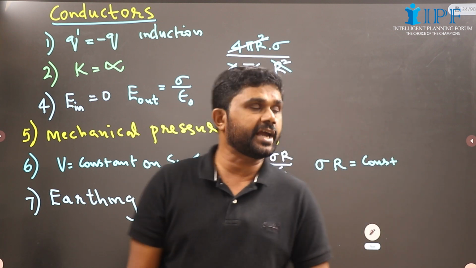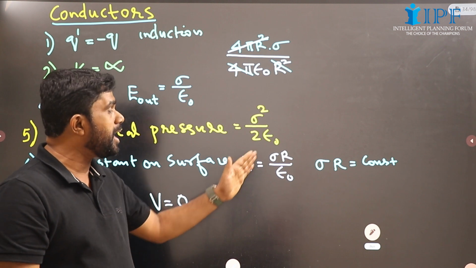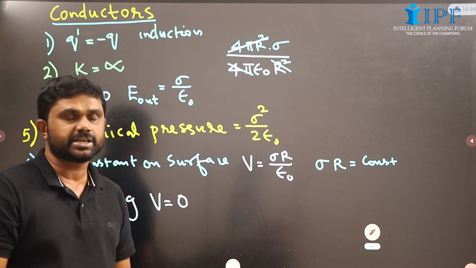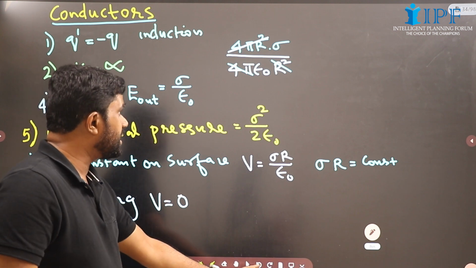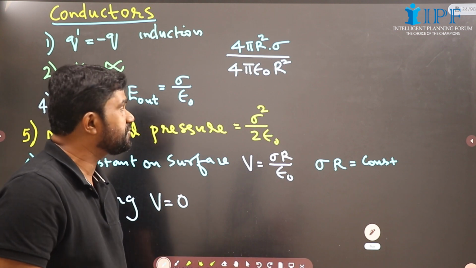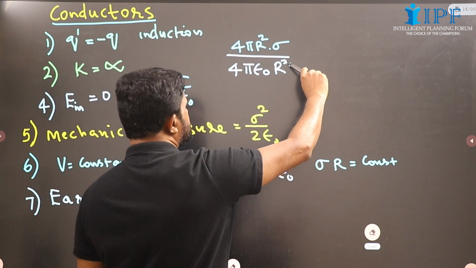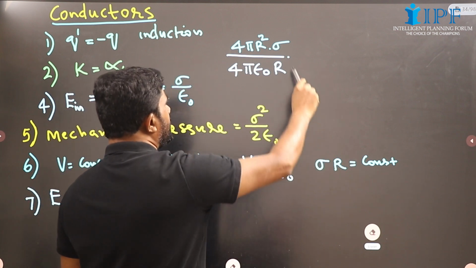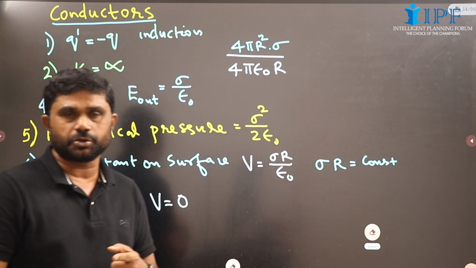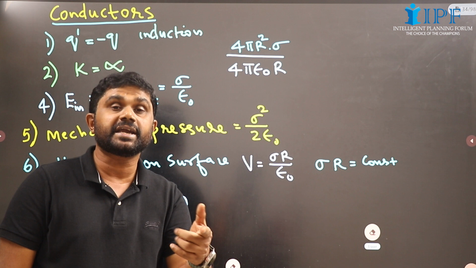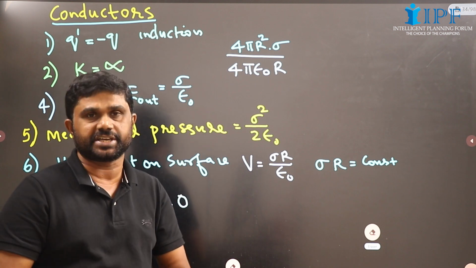And potential on the surface of a conductor we can write as sigma r by epsilon 0. See, what is the electric potential on the surface of a conductor? It is Q divided by 4 pi epsilon 0 r. That Q I can express as surface charge density into surface area.